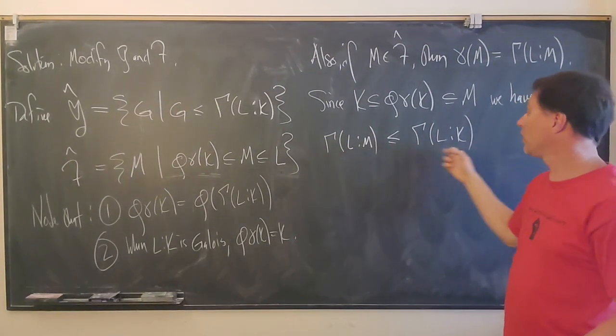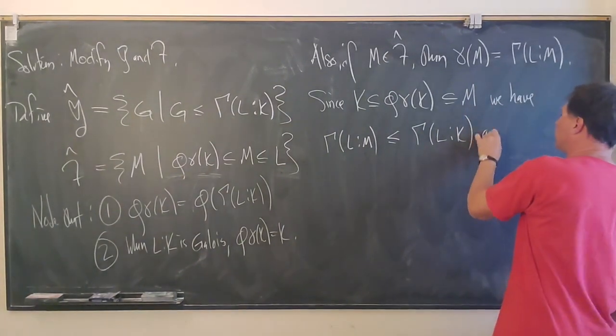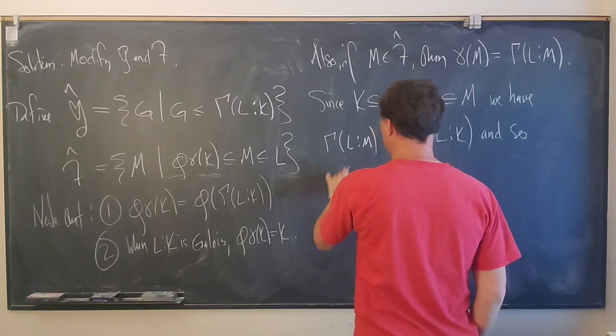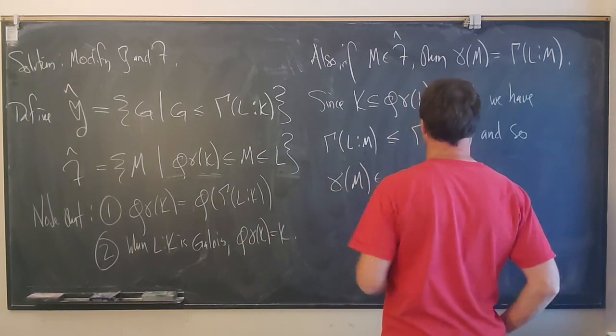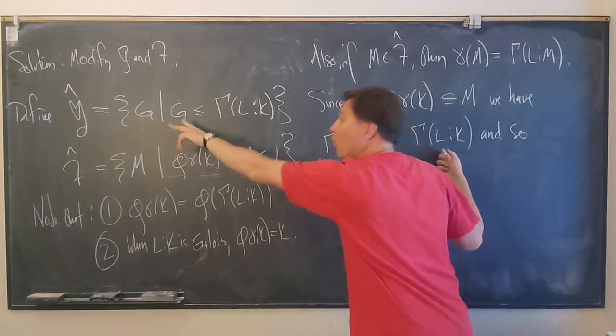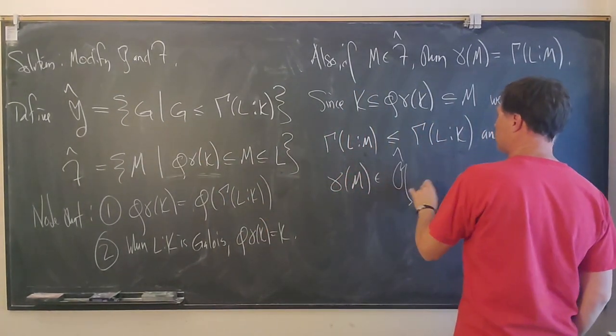So that's why we have inclusion in this direction right here. And so Gamma of M is a subgroup of this guy, so it plays the role of one of these G's right here. So Gamma of M is in script G.